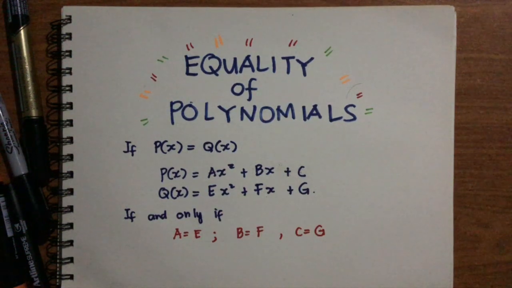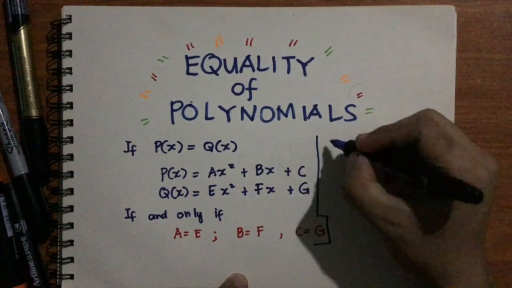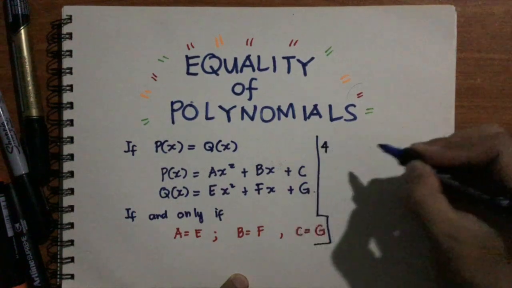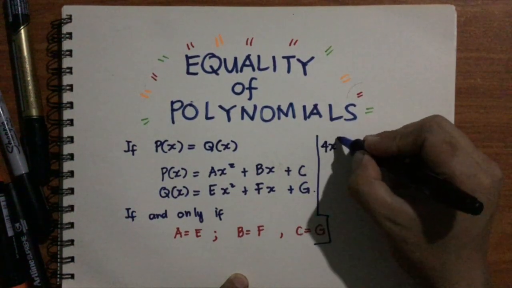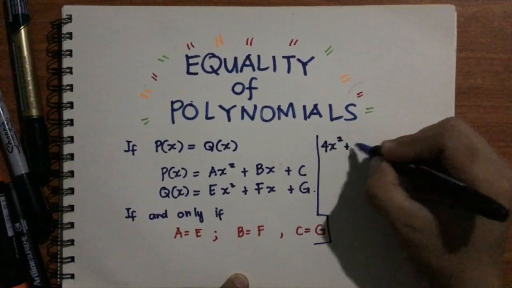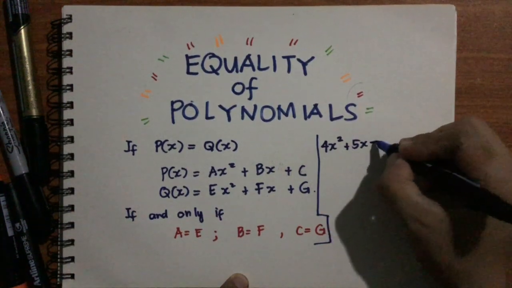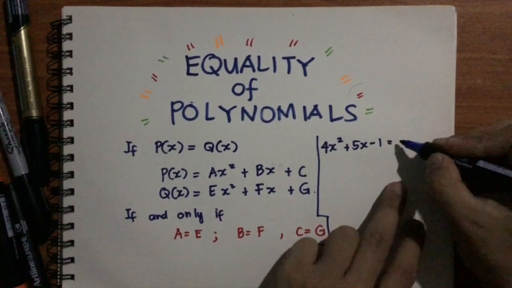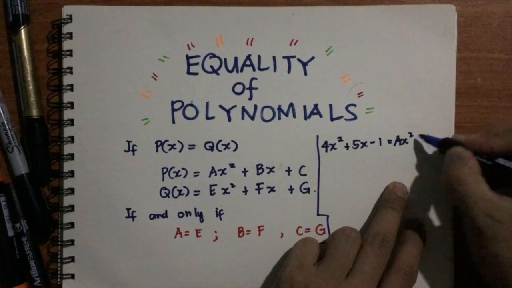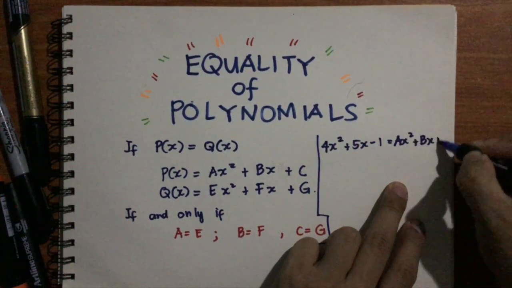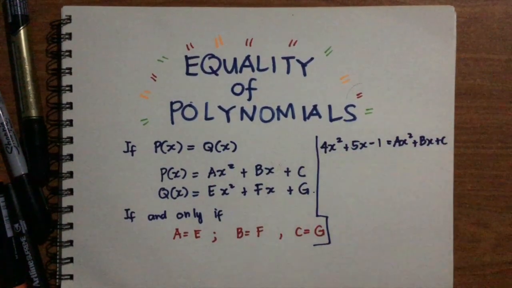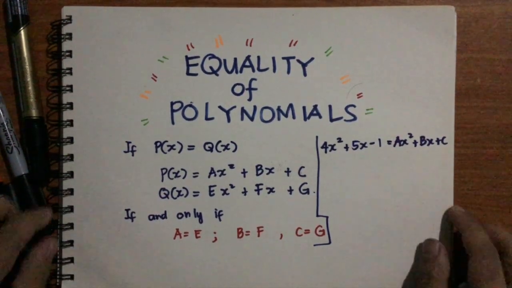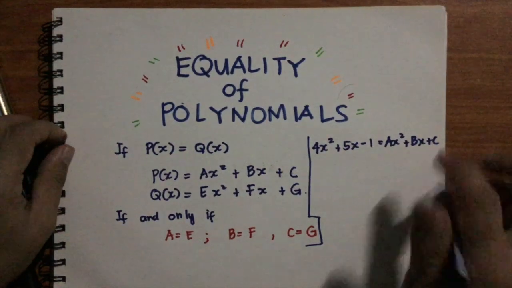Okay, let's take this simple example. Let's say your polynomial function is 4x squared plus 5x minus 1, and that is equal to ax squared plus bx plus c. So what are the values of a, b, and c?